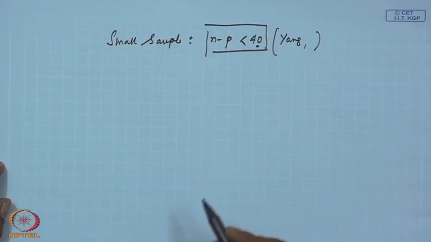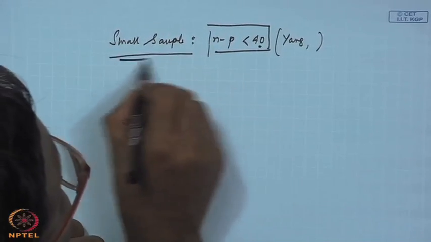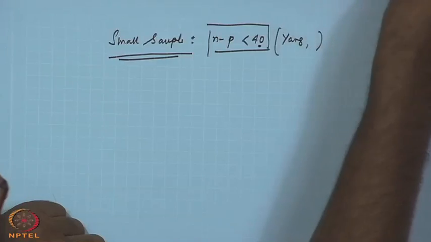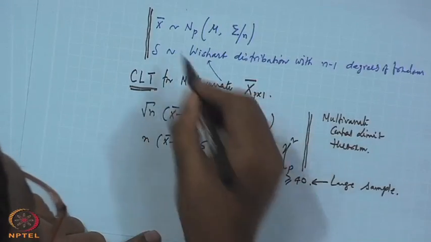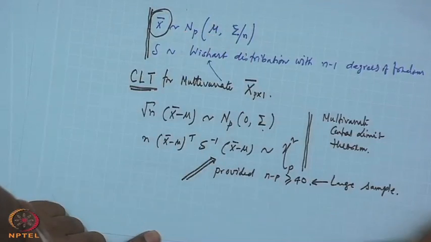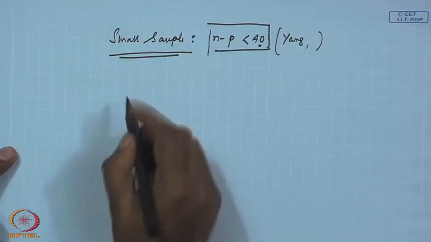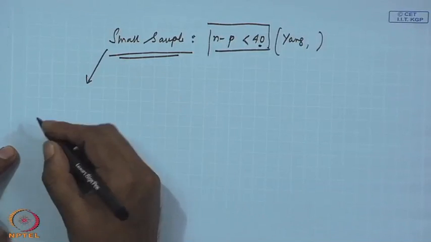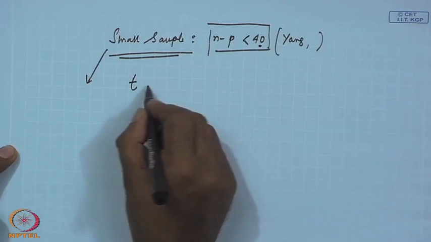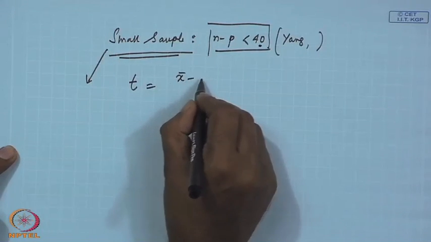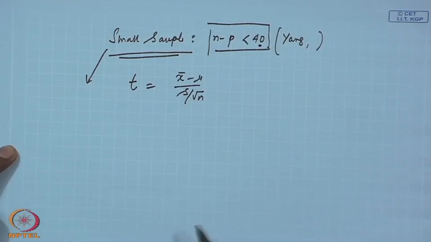Okay. Now, let us see how we develop the distribution for the required statistic for x bar when your sample size is small. What we have seen earlier, in the univariate case, when your sample size is small, you have used the T distribution, T equals x bar minus mu by S by root n.